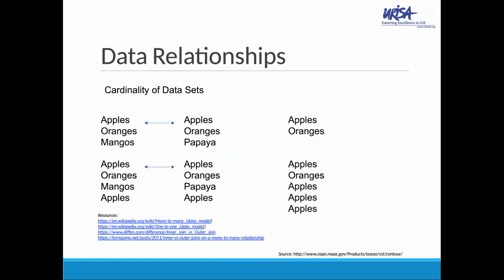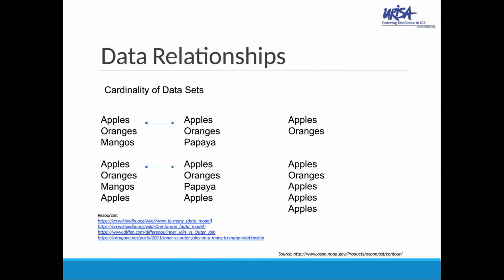So from this first block where we're matching, and we only have a one-to-one, if we spatially join those two datasets, the table with apples matches the table with an entry in apples, and oranges matches oranges. And because mangoes does not match papaya, that one isn't in the output set. Whereas if I have set that up to be only that sort of match, then I have a one-to-one relationship.